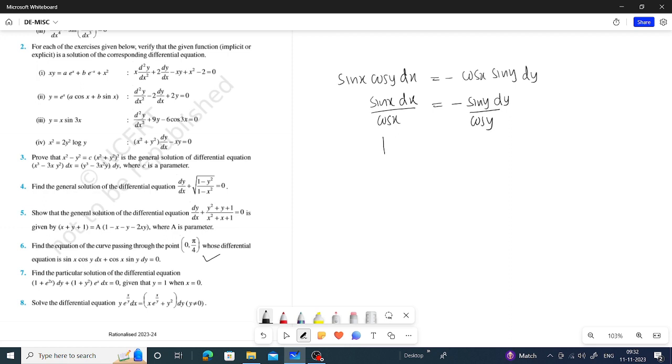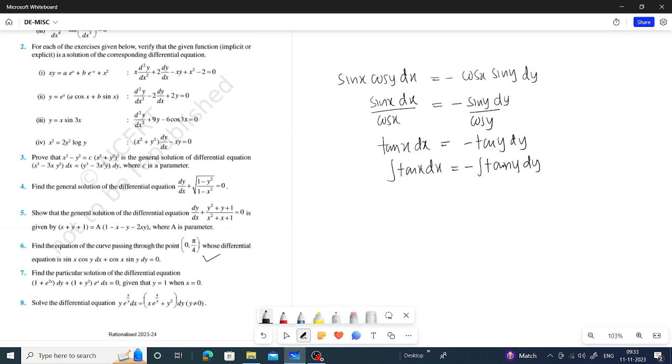So this is tan x dx equal to minus tan y dy. Okay, now this is variable separable, the variables are separated. Now for the solution, integrate both sides: integral tan x dx equal to minus integral tan y dy.